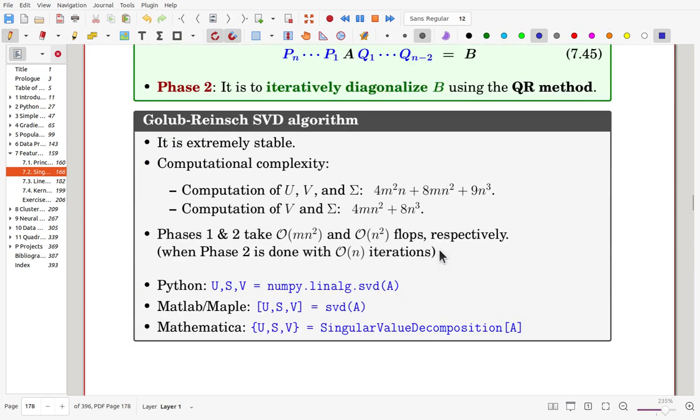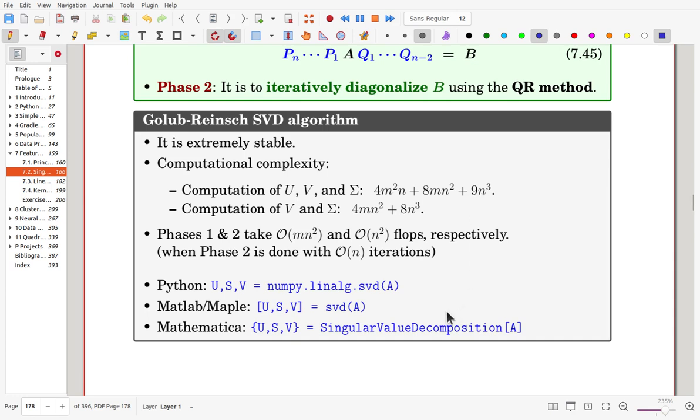Okay, here the algorithm is extremely stable and also extremely efficient, and the computational complexity is given in this way. In modern computers, you can do it very quickly.